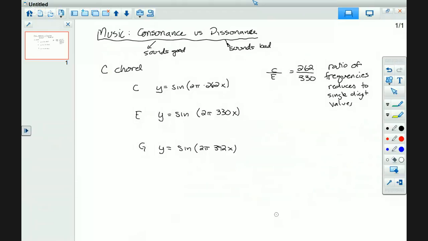So we need to reduce that fraction, and if it gets you something like 4 over 5, or 9 over 8, or 2 over 1, then you're probably consonant.